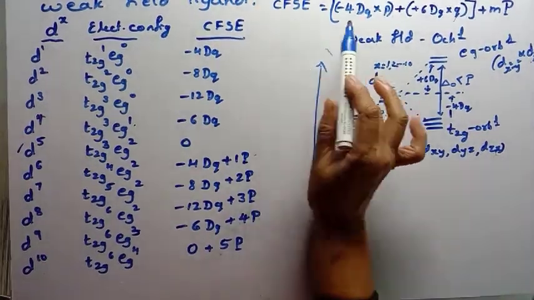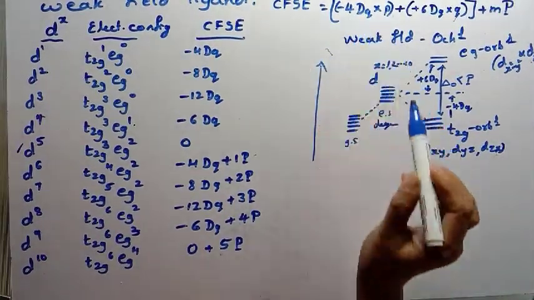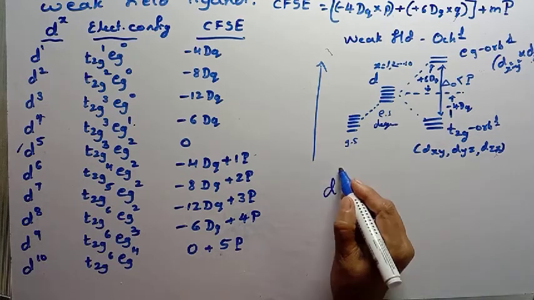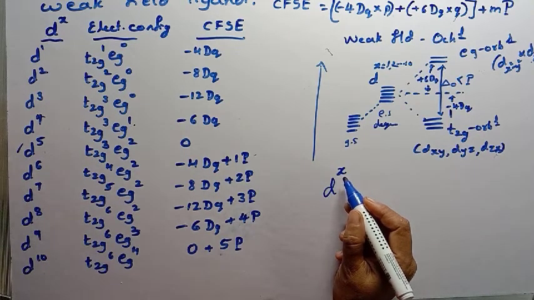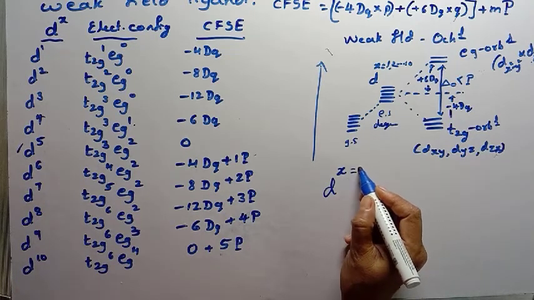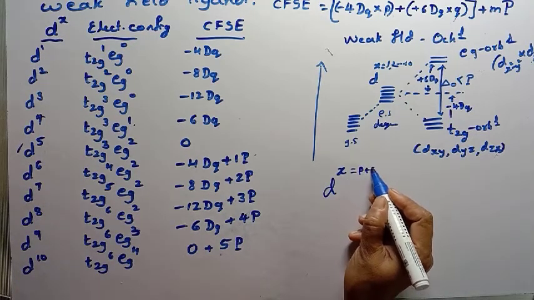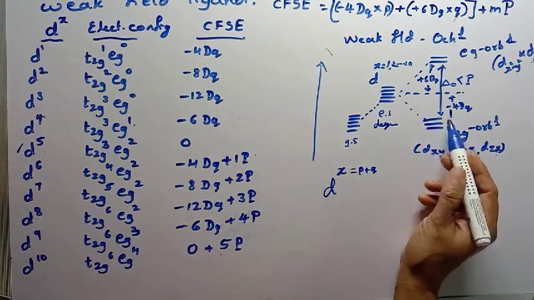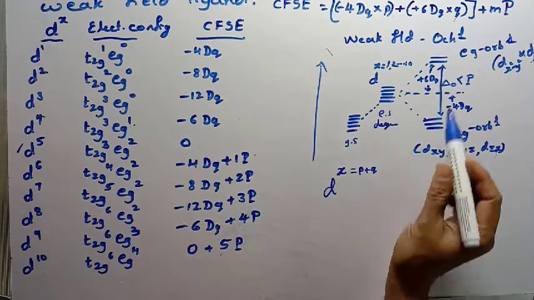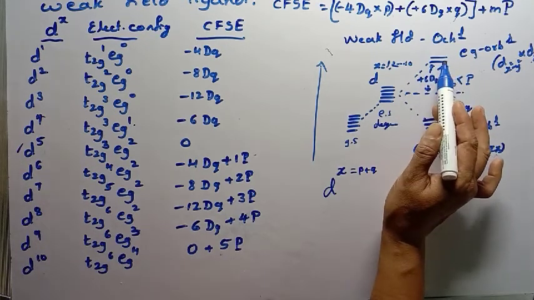Now with this background, we'll go for calculation of crystal field stabilization energy. So the same formula, minus 4Dq, and here d^x system, that means the number of electrons present in d orbital of valence shell of metal ion, and this is equal to p plus q. So p is the number of electrons occupying the t2g orbital. q is the number of electrons occupying the eg orbital.